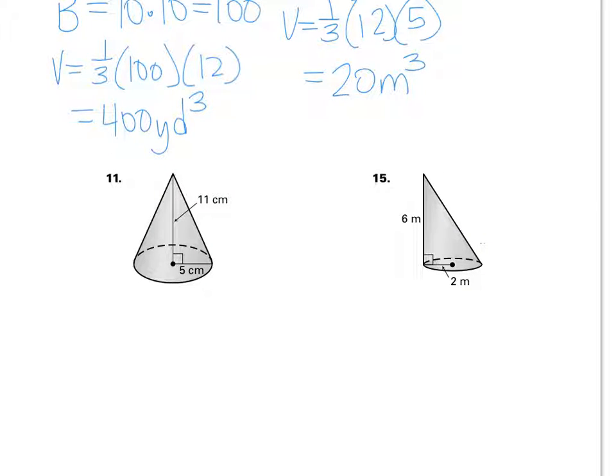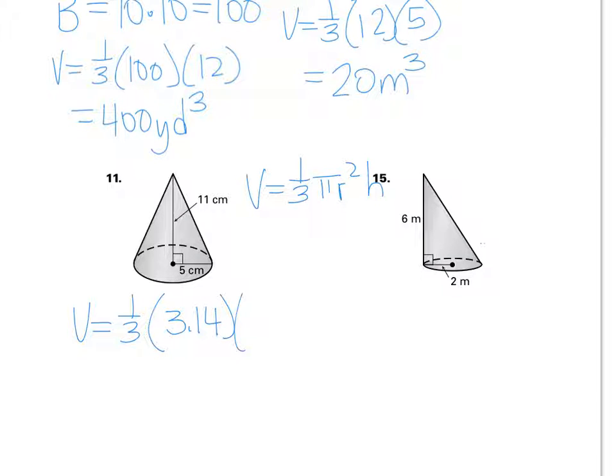So we look at a cone. So cones use volume 1/3 pi r squared h. So we can do 1/3 times 3.14, radius 5, and the height 11.